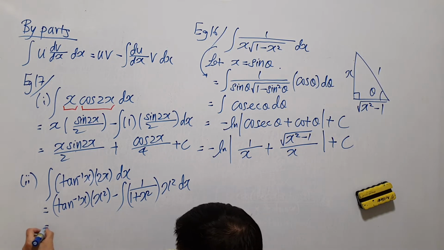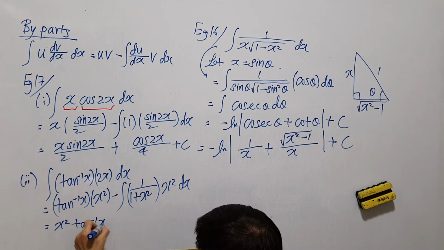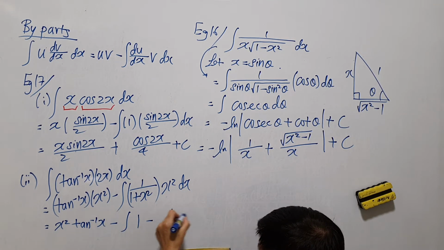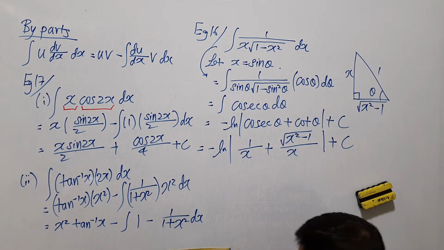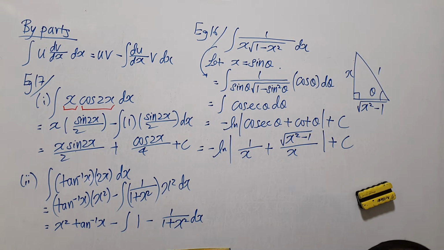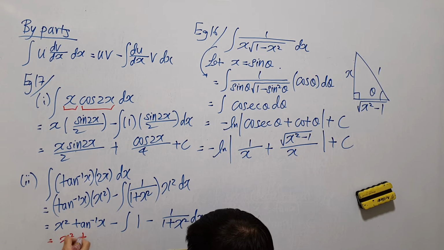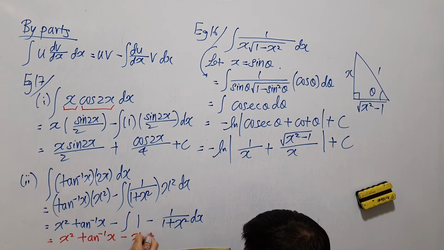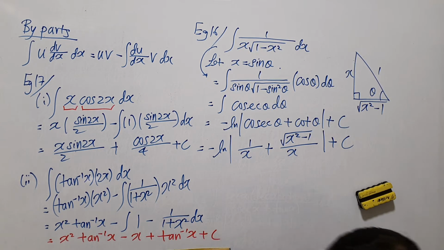Then you can tidy up this as x squared tangent inverse x. To integrate this one, you can do so-called long division to become this. Now you just perform a simple long division. Upon integrating, this should give you minus x plus tangent inverse x plus c.